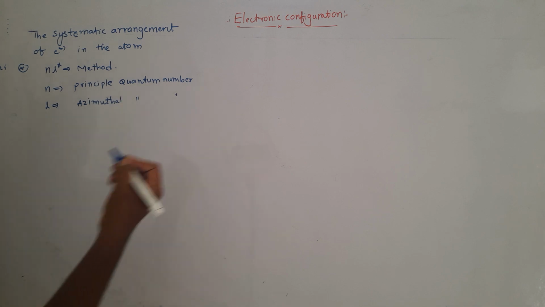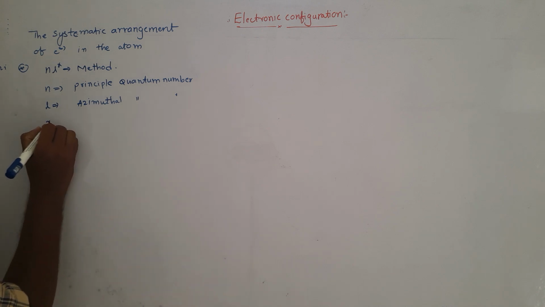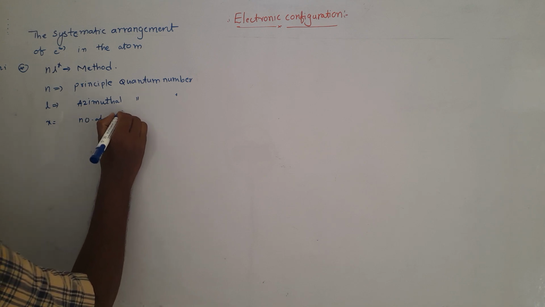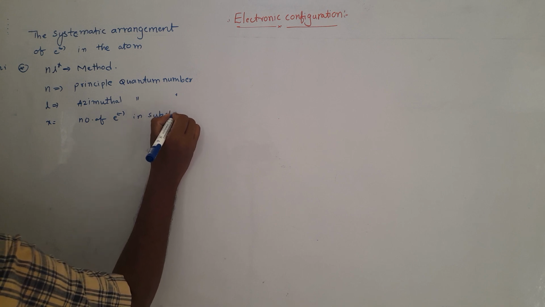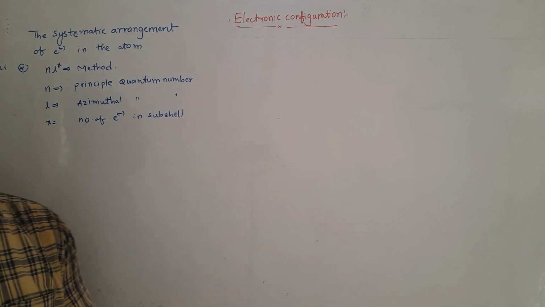The quantum numbers I have explained in the last video, and X is the number of electrons in the subshell. This is the method we are going to use to write the electronic configuration.